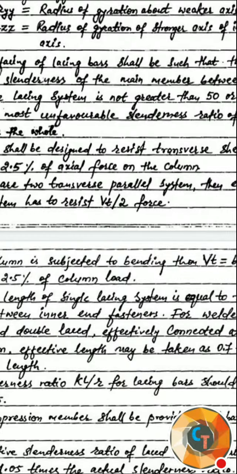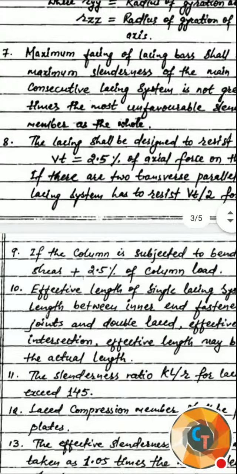For example, if 1000 kilonewton is applied, the force applied will be transferred to the lacing system. 2.5% of the vertical force is transferred to the lacing system in the form of shear. So VT is 1000 into 2.5 divided by 100, that is 25 kilonewton, the force on the lacing bars.